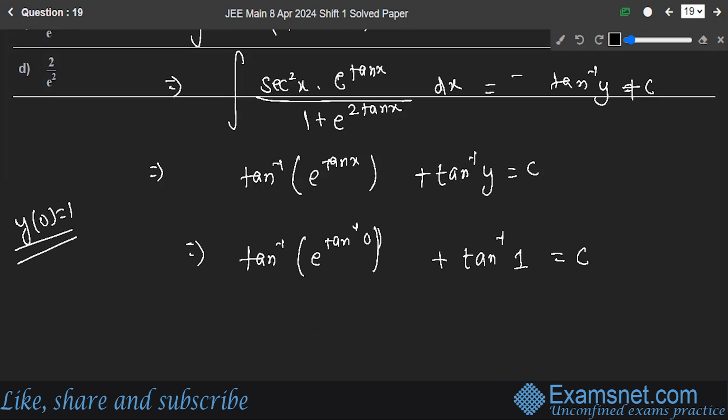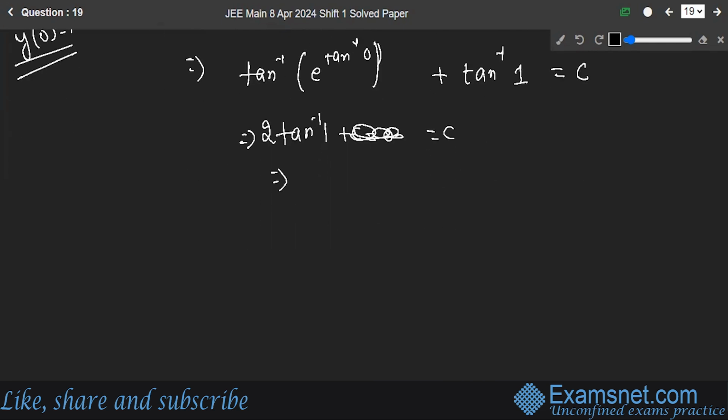Tangent inverse 0 is 0 only. So this is tangent inverse 1 plus tangent inverse 1 is equal to C. Okay, so this makes it 2 tangent inverse 1, so that is 2 into pi by 4, which is equal to pi by 2. So C is equal to pi by 2.